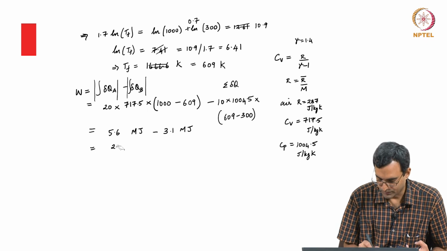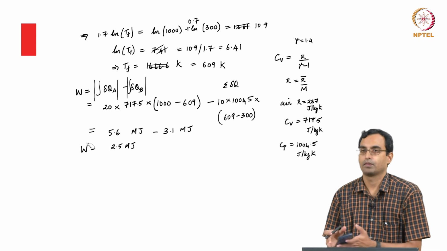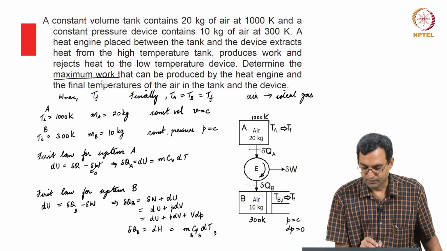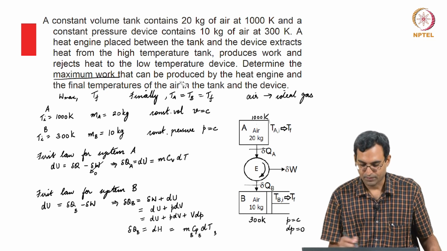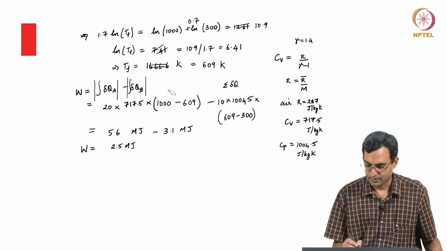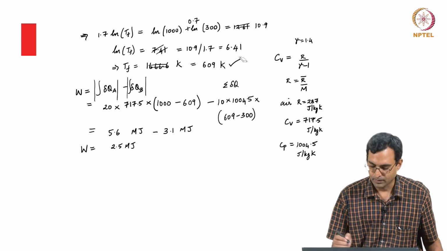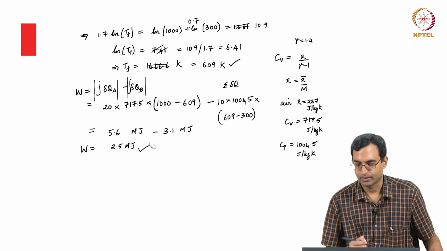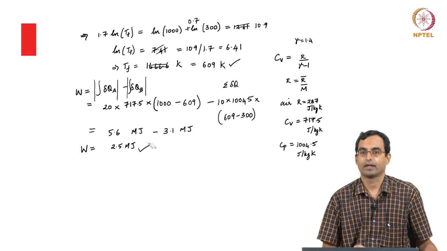So, this comes out to be about 2.5 megajoules of work which we can extract from this device. So, we are asked to find out the maximum work, which is what we have found, and the final temperatures of the air, which is also what we have found. So, the final temperature is this value, and if this work was done reversibly, we would get about this much amount of work from this device.